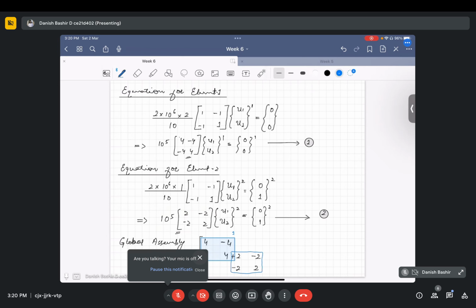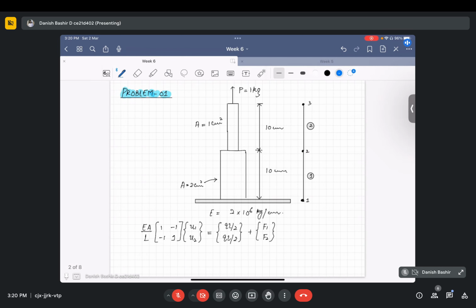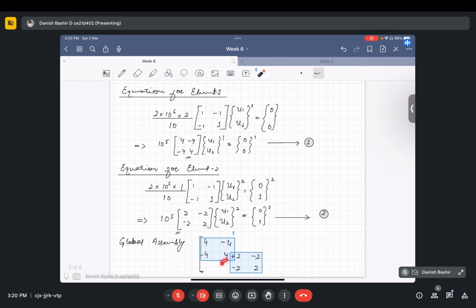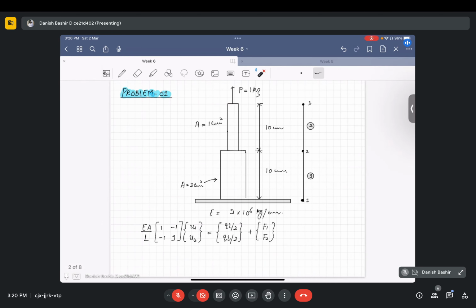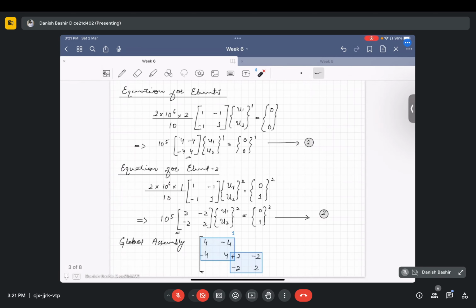How are we able to apply this trick? Because we have numbered the elements sequentially. These are adjacent elements, numbered sequentially like node 1, node 2, node 3. Since node 2 is common to element 1 and element 2, node 2 of element 1 is coinciding with node 1 of element 2. These two are overlapping, that's why we are able to write this equation like this.